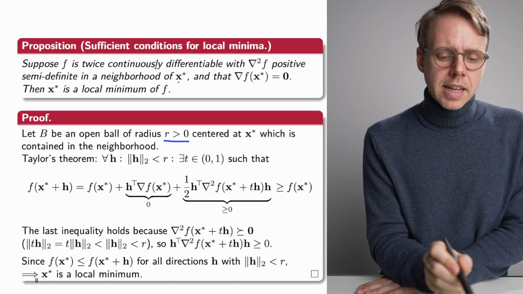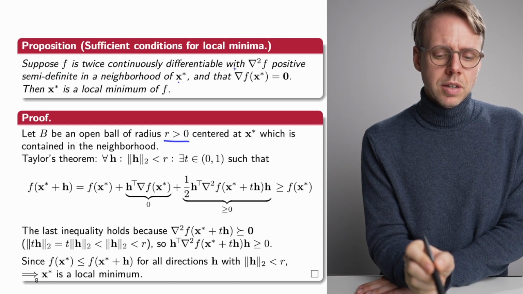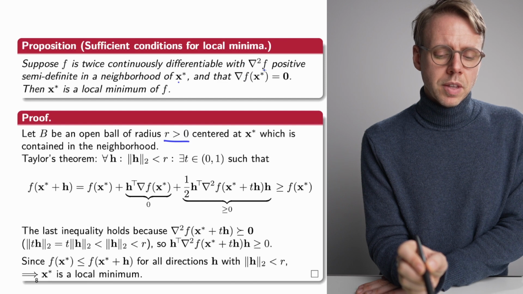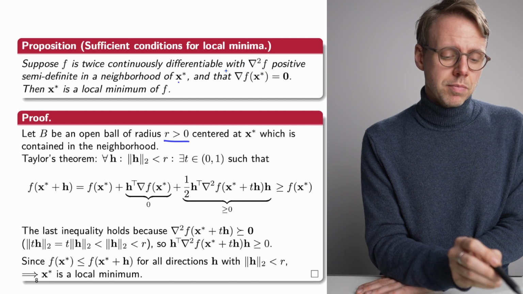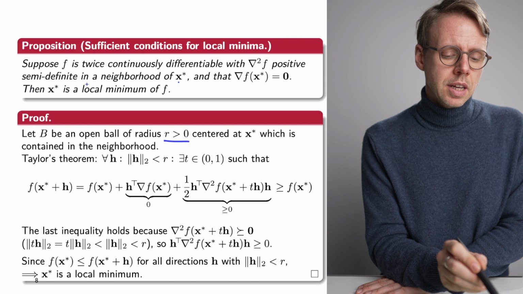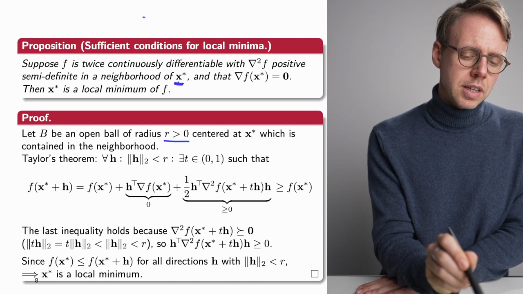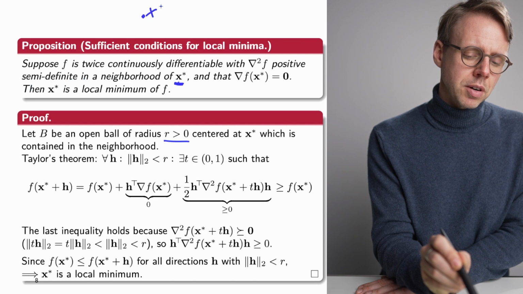Suppose f is twice continuously differentiable with the Hessian of the function f being positive semi-definite in a neighborhood of some point x star. So we are starting out with some point x star.